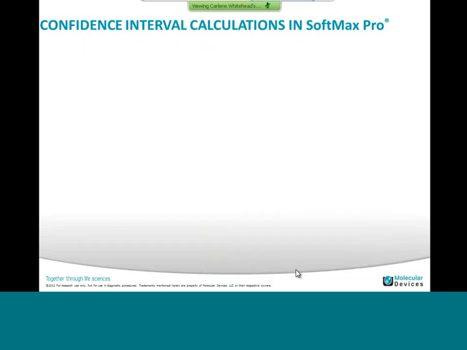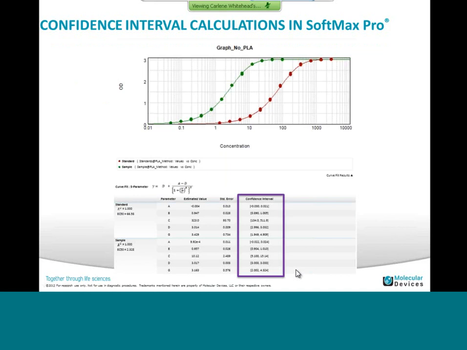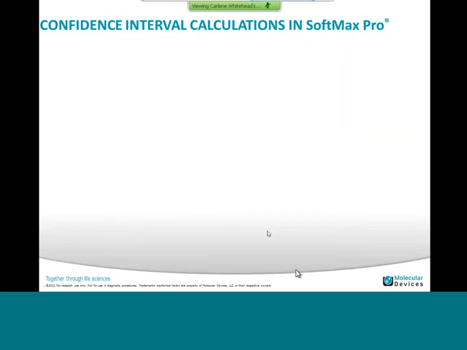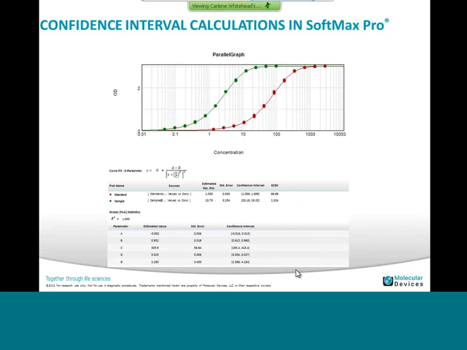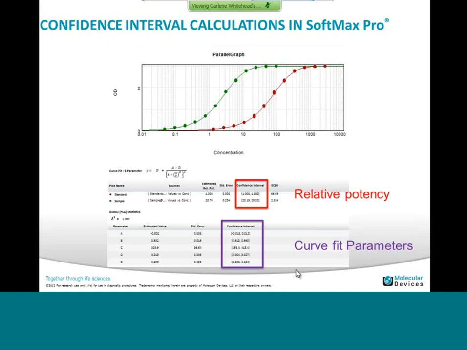Once you have selected the parameters and the relative potency, you can see that below your table an additional column appears for the confidence interval, and it gives you the confidence interval calculated for each parameter of your curve. For the curve where PLA has been applied, you will see that it is calculated on the relative potency and also on the curve fit parameters.